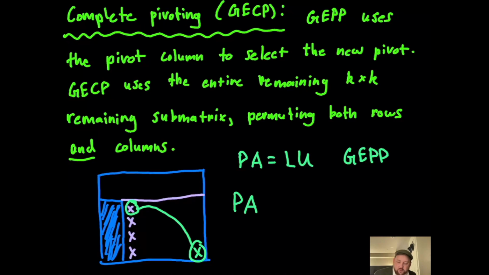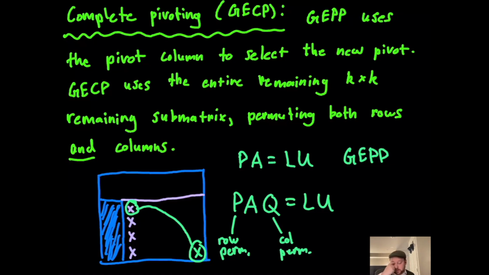That's why we need this extra Q matrix that you may have seen earlier. This is a row permutation, but this one is a column permutation. What it does is it permutes the columns of A. Essentially that's the difference. That's all that complete pivoting is: you're going to look over the entire remaining submatrix, and that is where your candidates for the pivot position live.